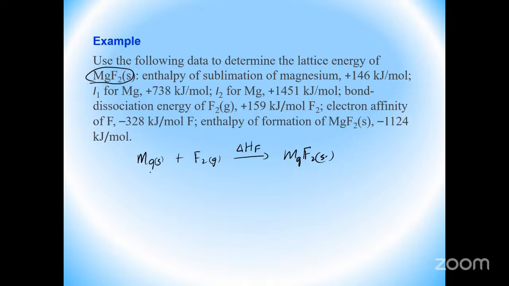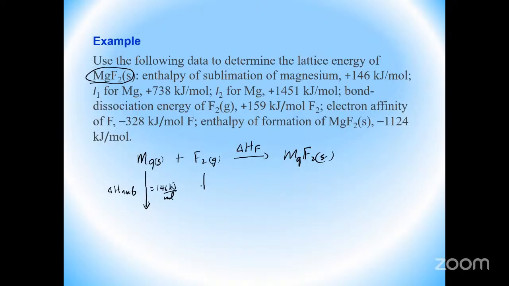So let's look at the different steps that each of these elements will undergo. I'm going to start off with the magnesium, right? So the magnesium will undergo sublimation. So that is delta H sublimation, and that is equal to 146 kilojoules per mole. All right.